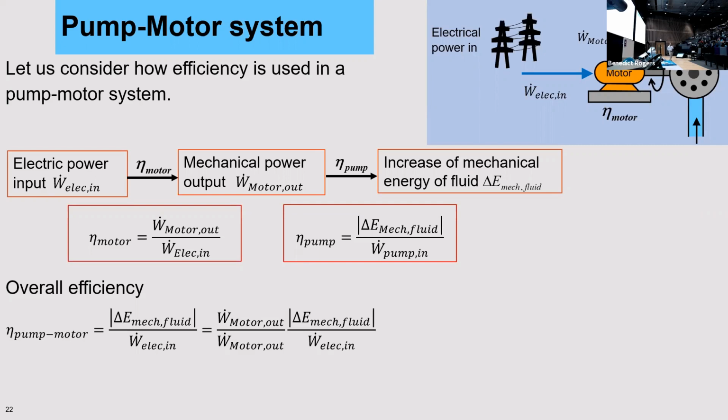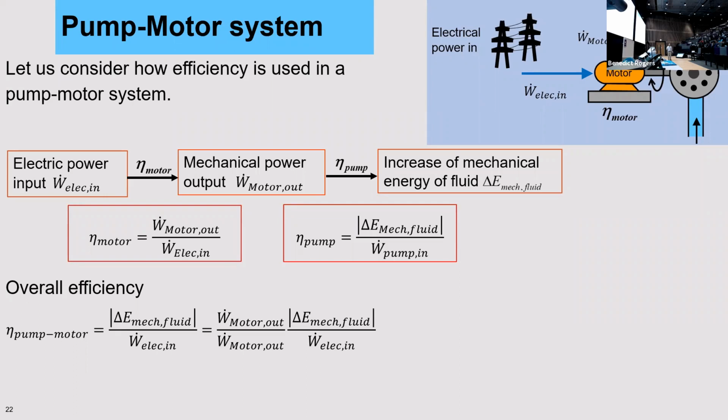So the overall efficiency of the system has got to be the change in mechanical energy of the system over the initial energy in. So that's the electrical energy. So that's what I have here for my combined pump motor system. Now, if I substitute in my expressions, what I'm actually going to do is multiply top and bottom of that expression by 1.